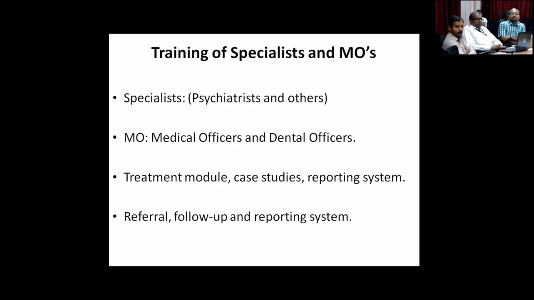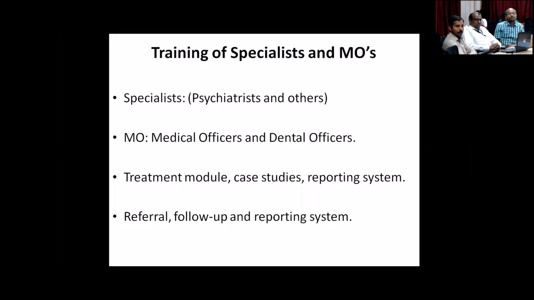So when it comes to training of specialists, we mostly focus on the psychiatrists, followed by, preferably, general physicians. We also train medical officers and dental officers. So the key persons at the grassroots level, at the primary healthcare level, will be our medical officers who can easily identify tobacco users and begin treatment, or they can refer these patients to the higher centers.